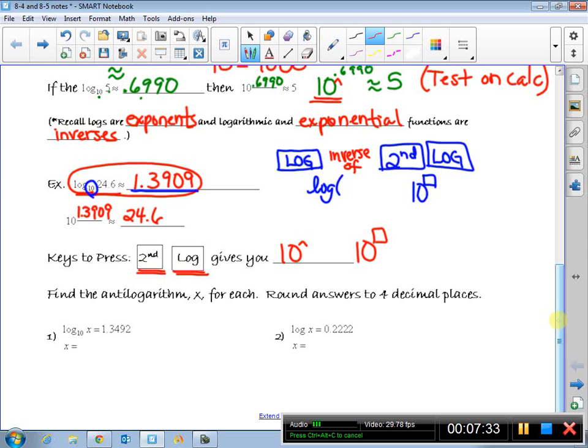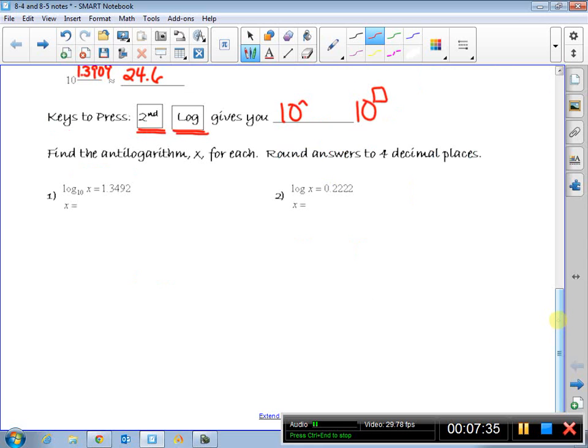So the anti-logarithm is what happens when you use that second log, anti-logarithm. We're going to make a little sense of this when we're staring at a problem that says log base 10 of x equals 1.3492. You should know still that you've got exponential form to go to. So my base is 10, my exponent is 1.3492.